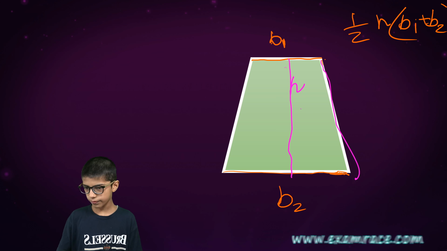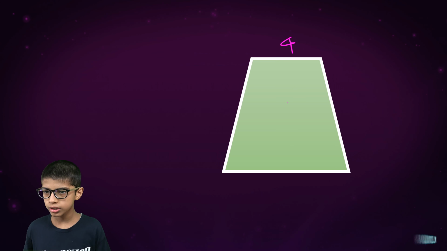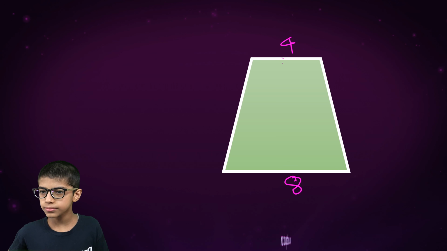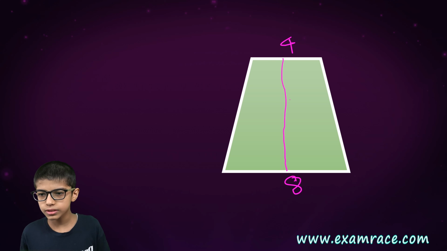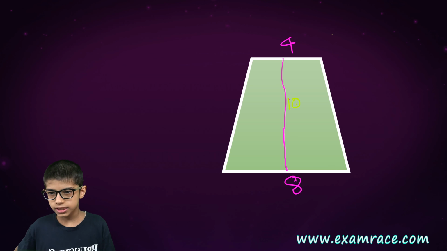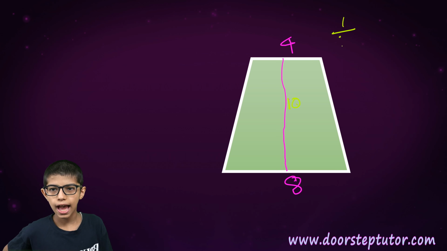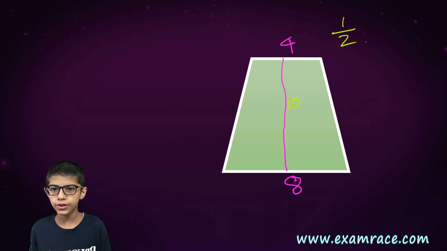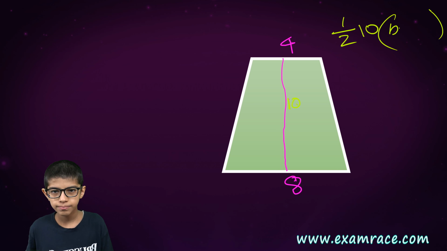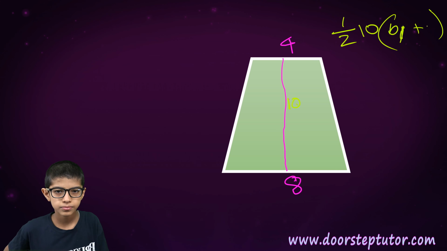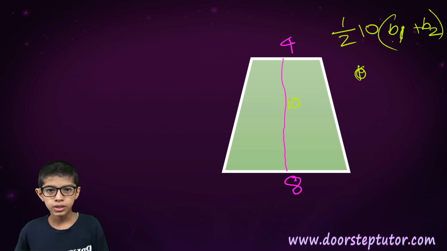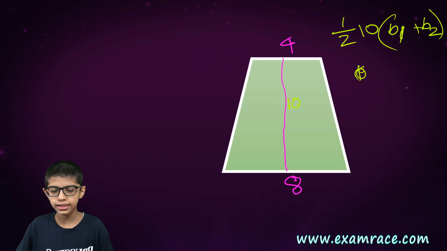Now, if I have the base 1 as 4, base 2 as 8 and the height is 10. So, how would we calculate the area? Yes, we already know it. Half into height, which is 10, and multiplied by base 1 plus base 2, 4 plus 8, 12.